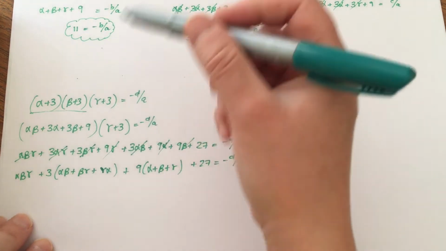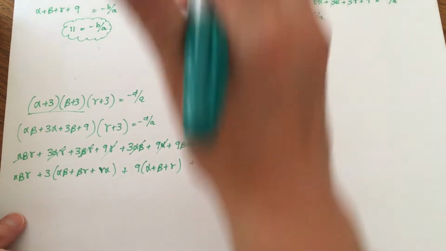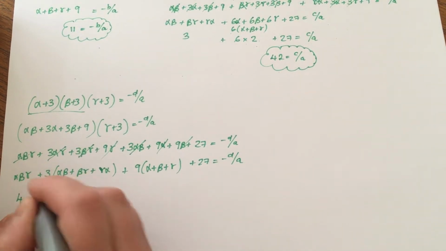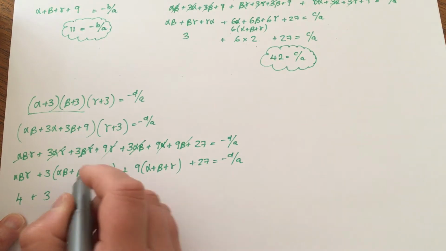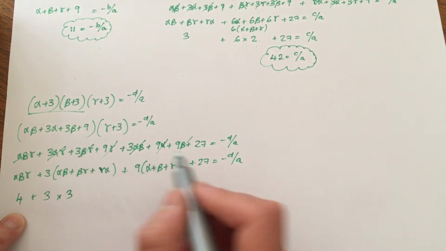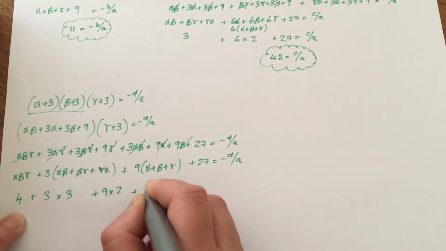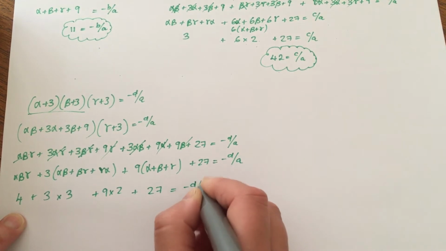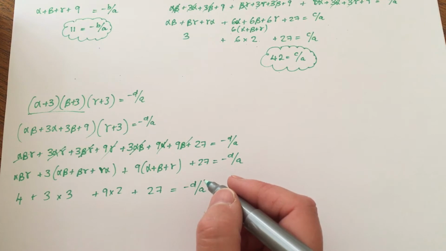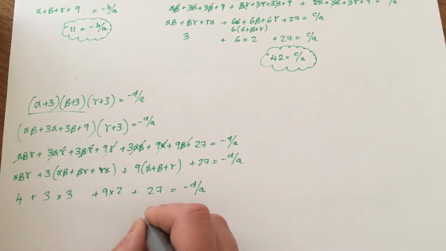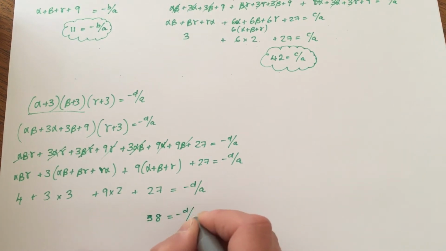Alpha beta gamma, we'd already worked out at the beginning, was 4. Alpha beta plus beta gamma plus gamma alpha was 3, and alpha plus beta plus gamma was 2. If we work all of those out, we get 58, which is equal to minus d over a.